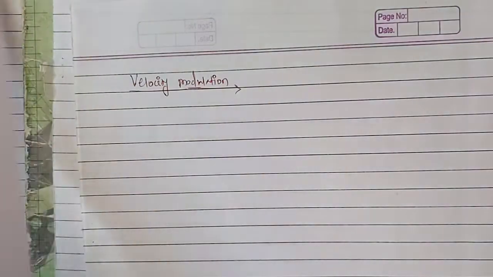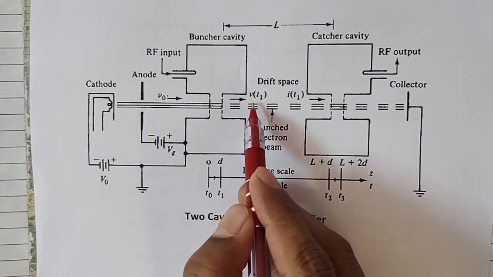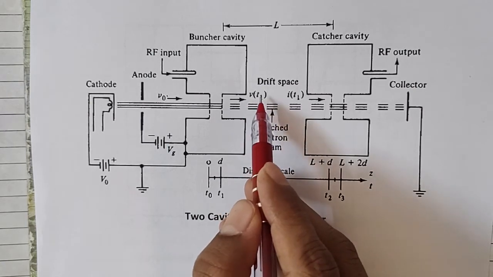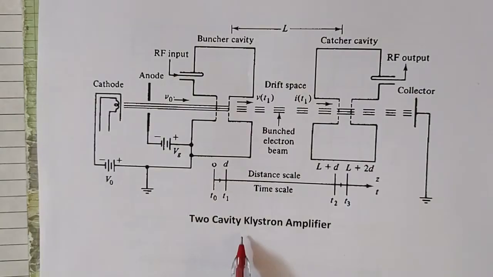So in today's class, we will try to obtain the equation for velocity modulation, which is V of T1, for the two cavity klystron.